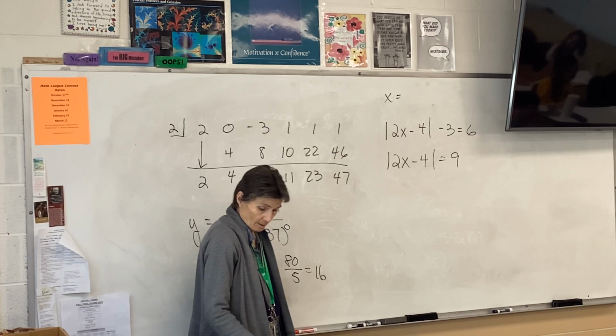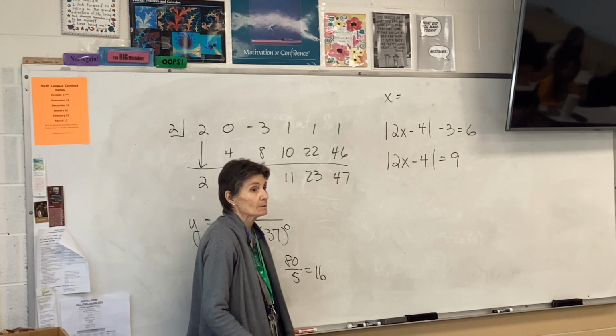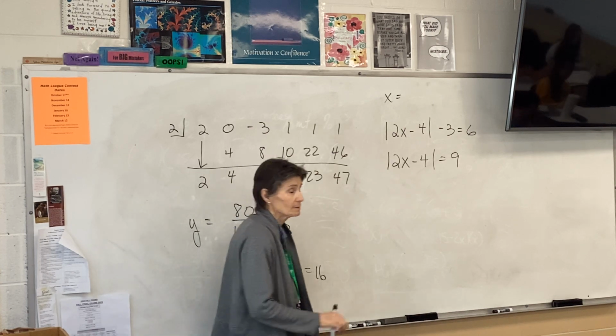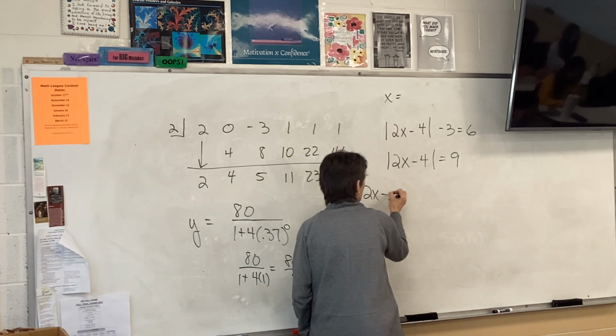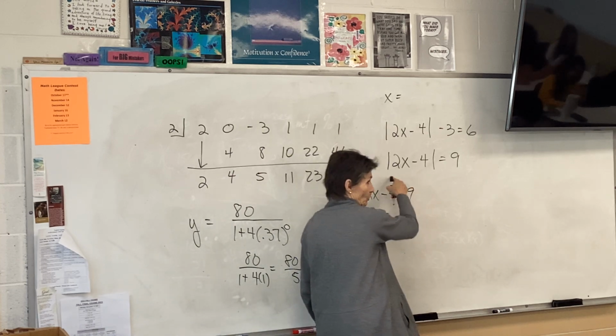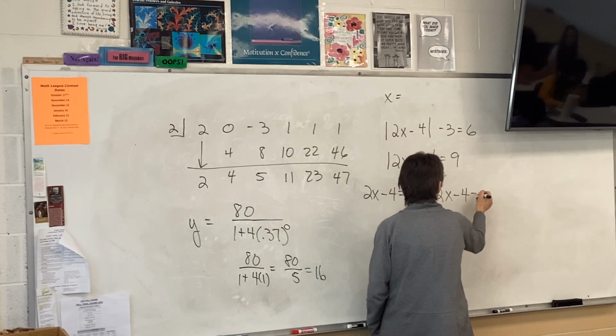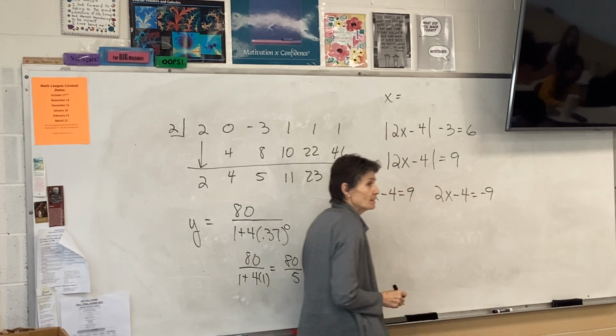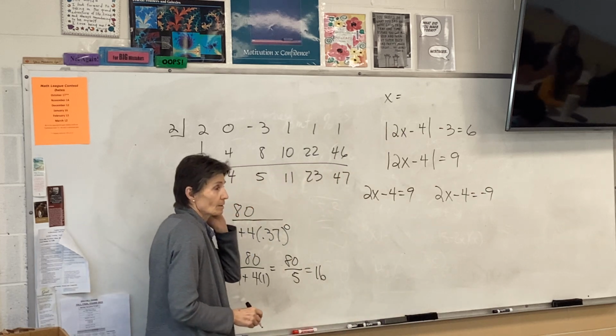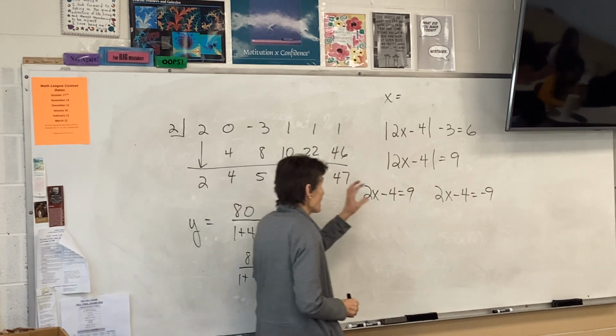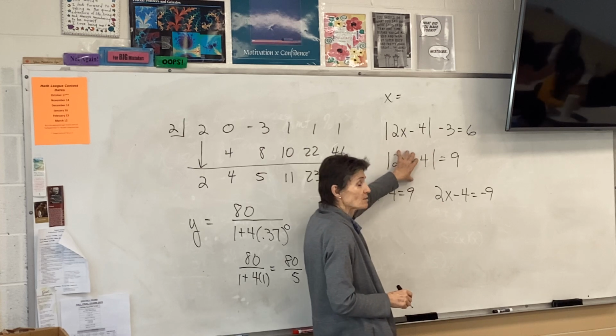Be careful, no. 2 equations. And the first equation is exactly what the original was. And then the second equation, I make the 9 negative. Nothing changes about the 2x minus 4.